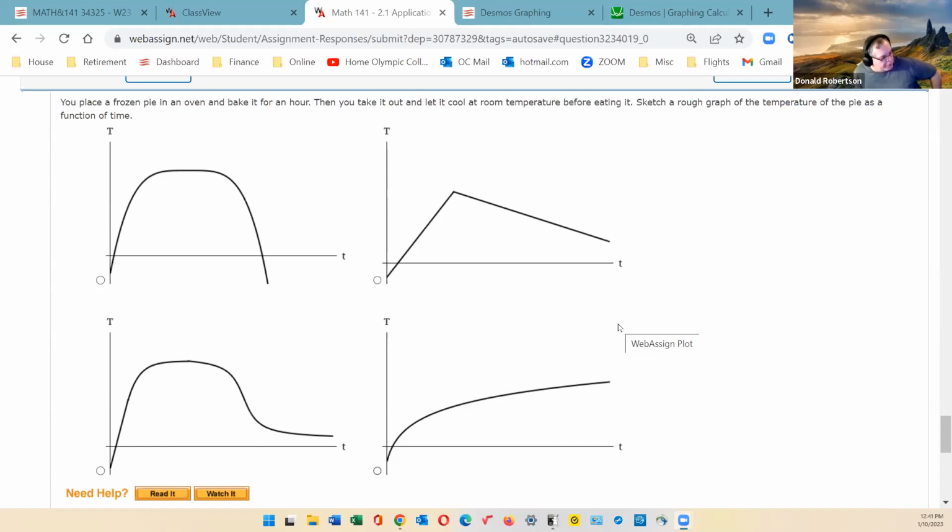Only one of those four pictures represents the temperature that you would notice if you recorded it throughout the journey that we just described. So here's your question, which one is it? Which one of those represents that story about the apple pie?